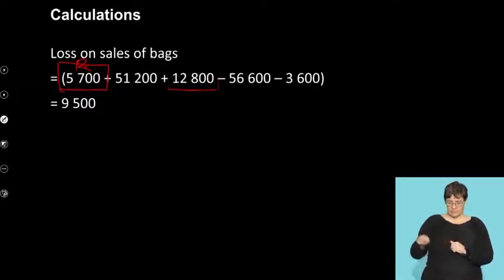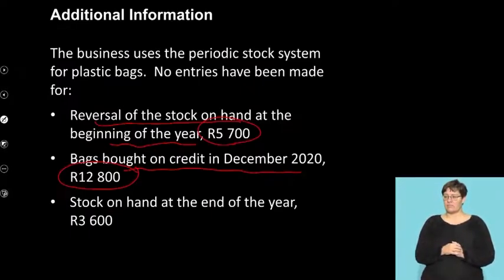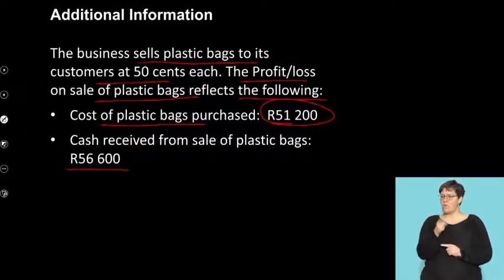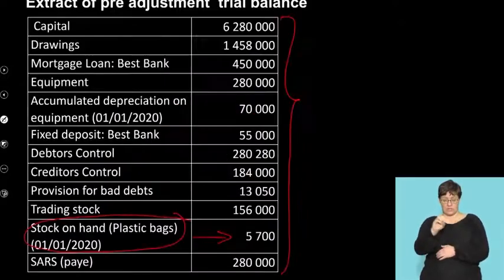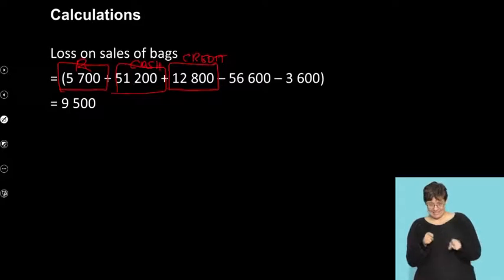There's my plus 12,800. Let's mark that as the credit plastic bags that we bought, right? What else do we know? We know that we purchased on cash 51,200. Therefore, there's my 51,200. That will be my cash purchases of my plastic bags.